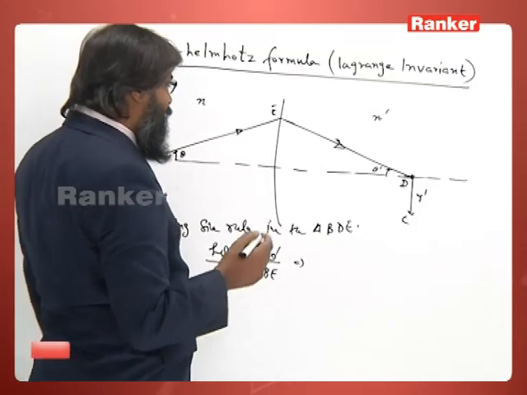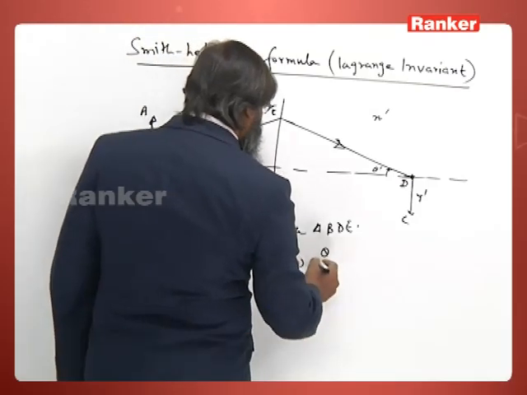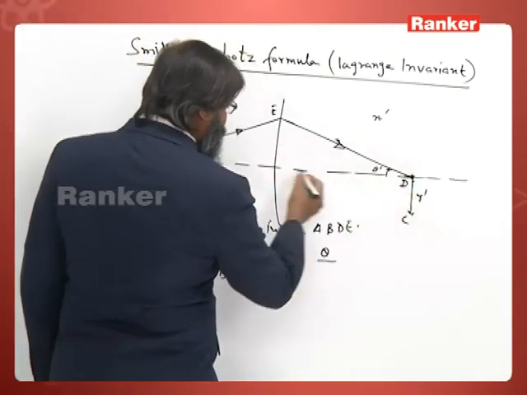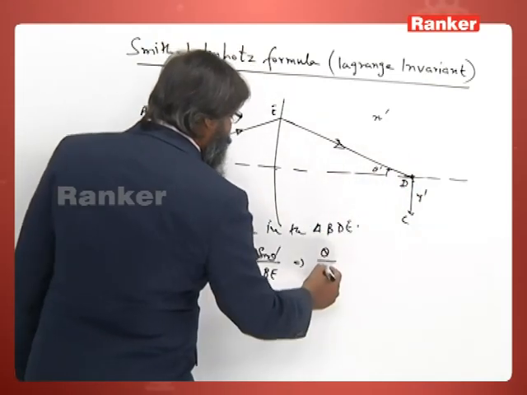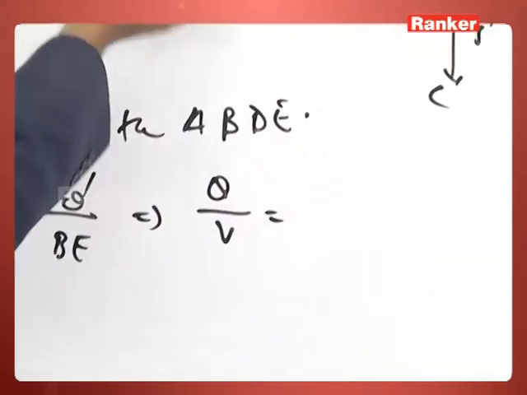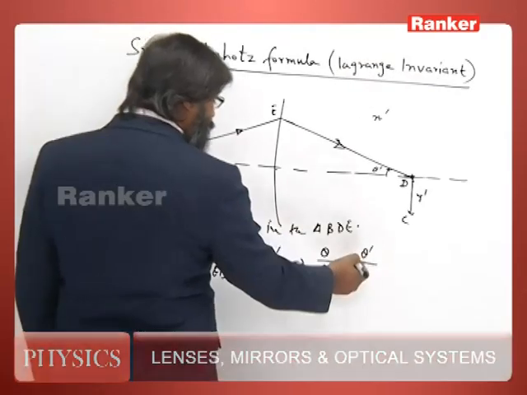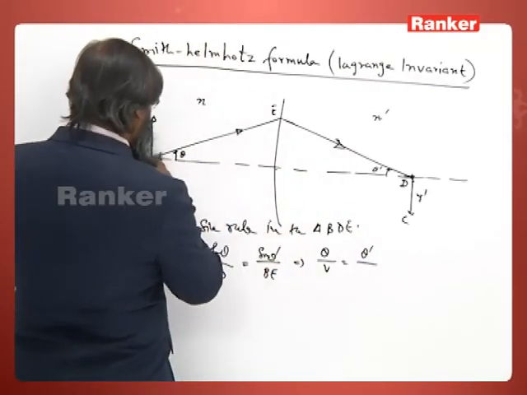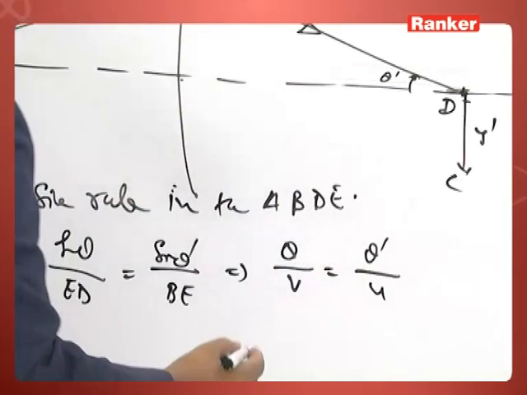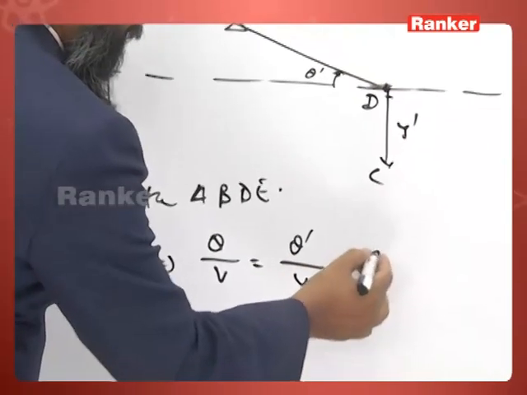Now, since these angles are small, sine theta can be approximated as theta, and ED is nearly equal to this, so this can be written as V. Next, sine theta dash can be approximated as tan theta dash, and BE is this distance, which is very near to this, so that can be U. So we have one relation.